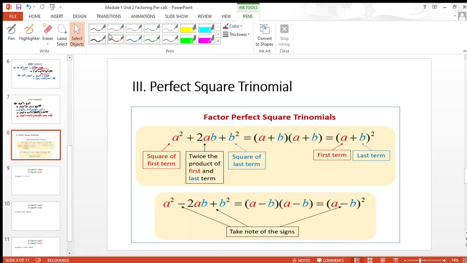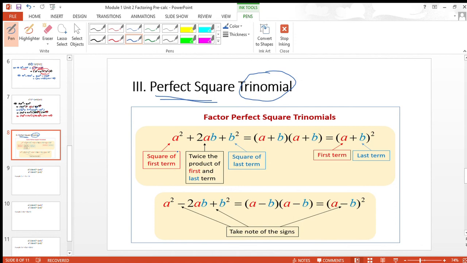The third type is what we call the perfect square trinomial. And for a perfect square trinomial, we have a trinomial, meaning we have three terms in our polynomial, and it's a perfect square. So let's have an illustration here.